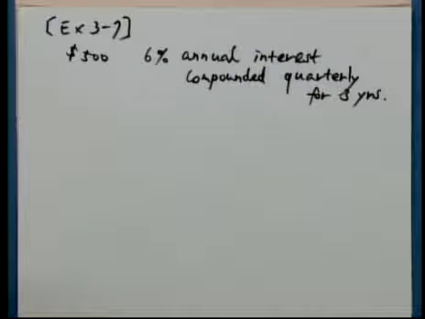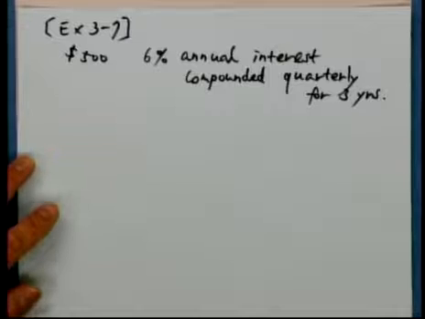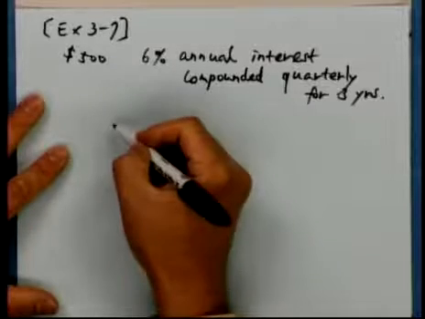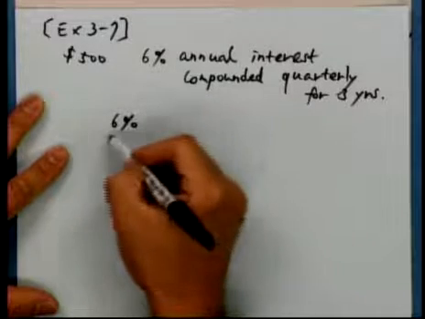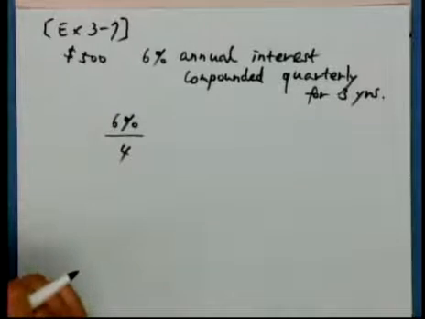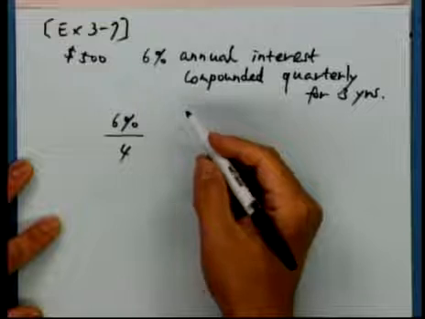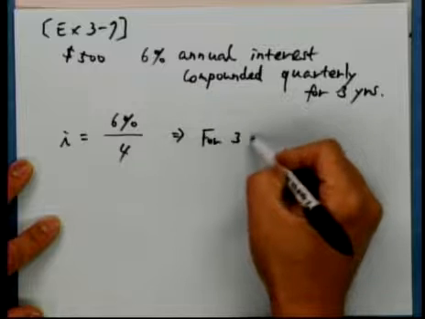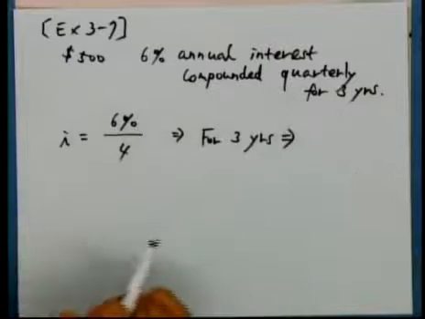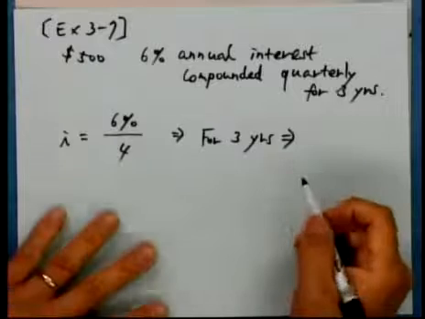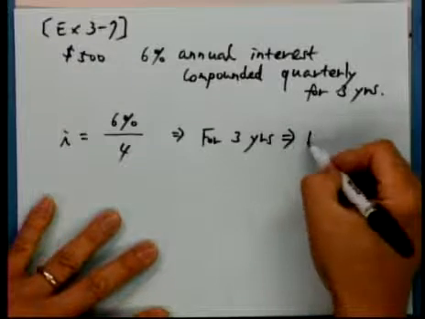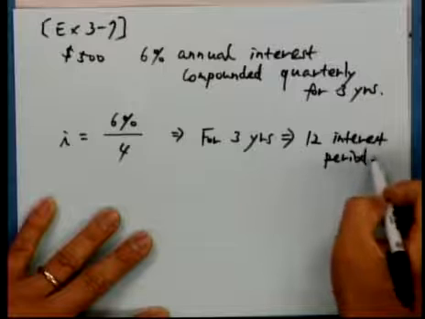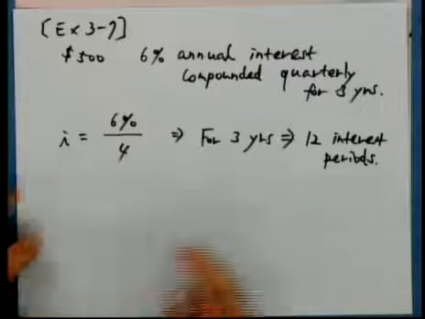And because we are dealing with 4 interest periods per year, the interest rate per interest period would be 6% divided by 4, which means that for 3 years, there are 12 interest periods, right?